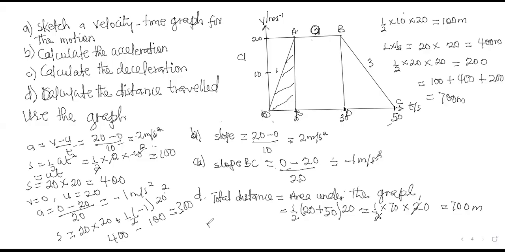Another way out can be using V squared is equal to U squared plus 2AS. V is 0, U is 20 squared plus acceleration is -1. S is what we are looking for. So -2S, when we send this negative to the other side, we have 2S is equal to 400.